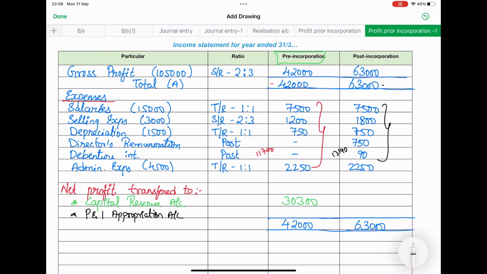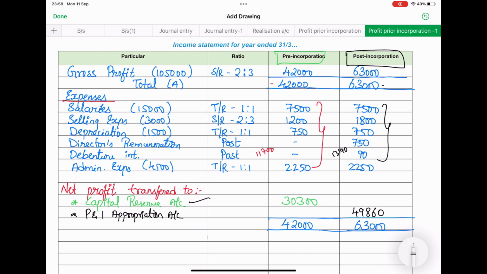If you subtract it, my P&L appropriation will be 49,860. So this is the net profit transferred to the P&L account. Very simple and easy concept.